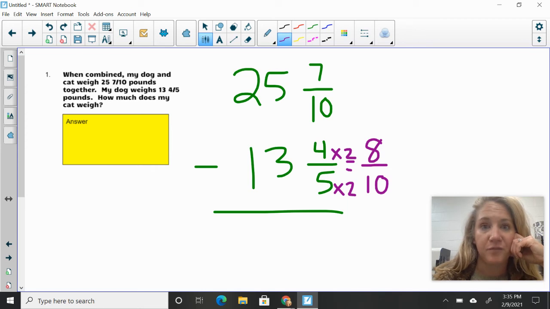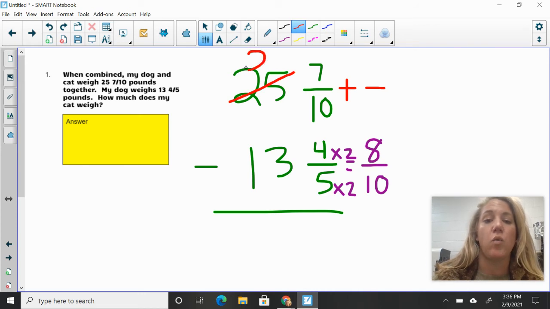And right off the bat, just like the last problem that we did, I do not have enough tenths to take away 8. I only have 7. So I can either convert these into improper fractions, which I'm not going to do because these whole numbers are kind of large. So instead, I'm going to regroup. I need some more tenths up here, and where am I going to get them from? From this whole number.